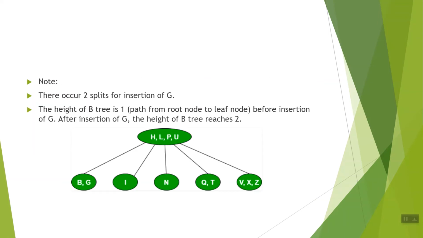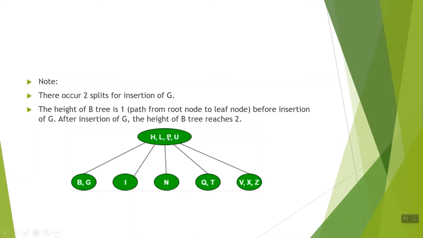But this node cannot contain 4 keys, but one key has to go up. So this root node will again be split, and one key will go upward, that will be the root of the tree, and below that root there will be 2 nodes which will contain 1 and 2 keys.